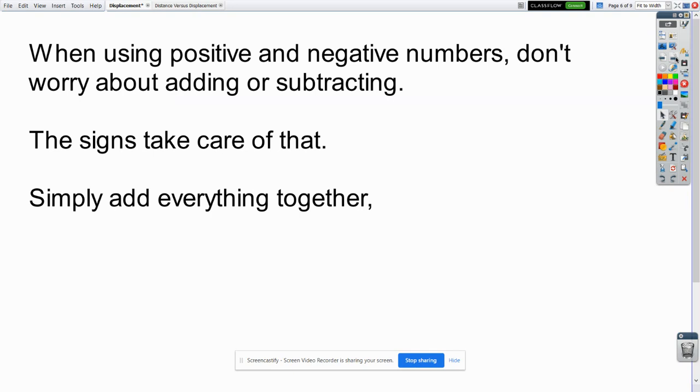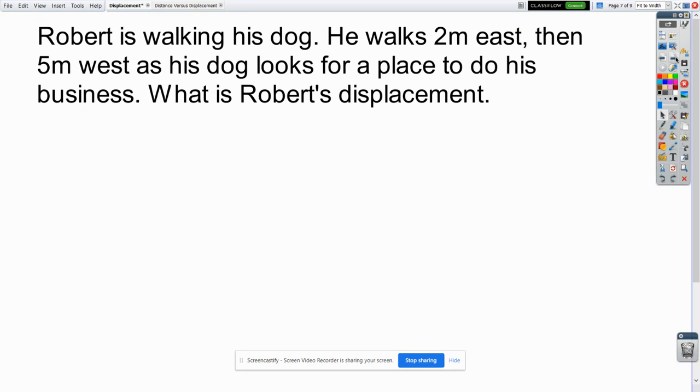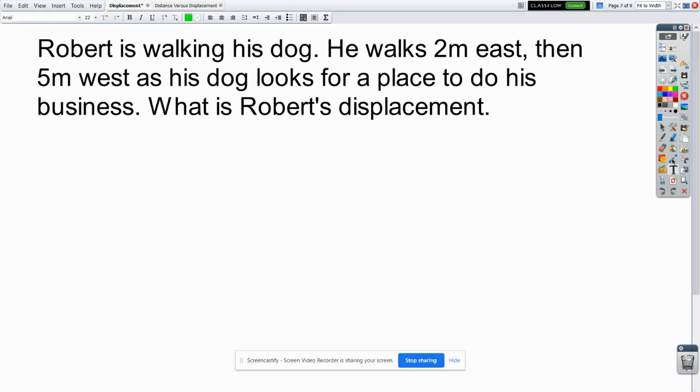So we go back and take a look at the same question, Robert walking his dog. My 2 meters east, because it's east, will be positive 2 meters. My 5 meters west, because it's west, will be negative 5 meters.